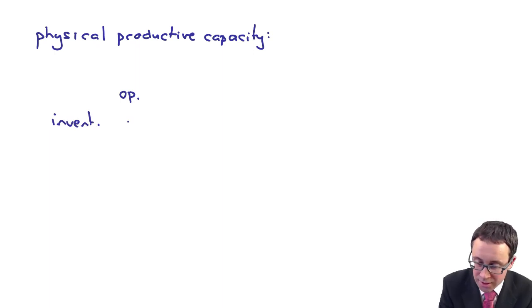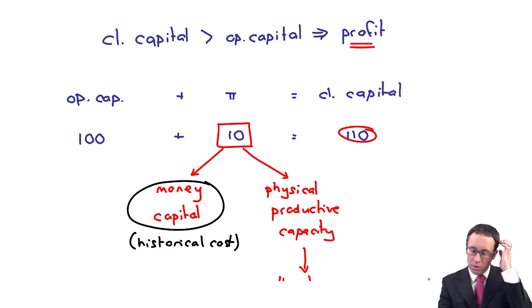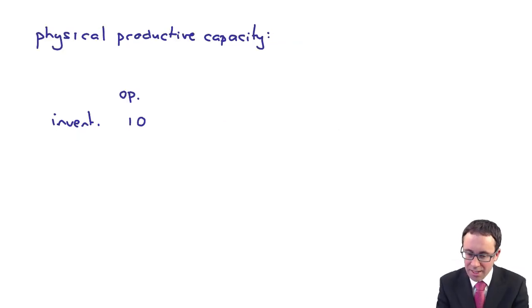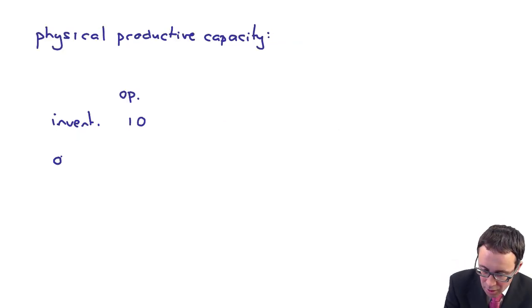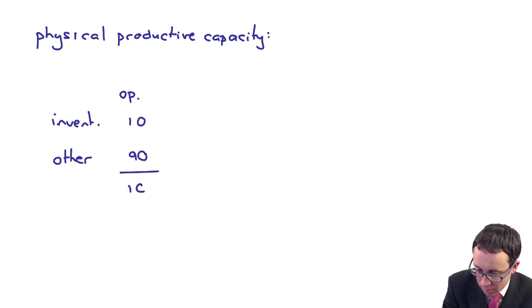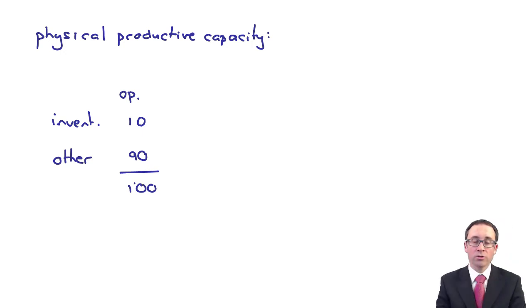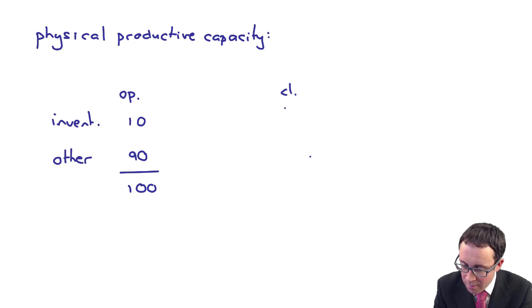So our inventory is, say, 10. So using the numbers that we had from our previous example, opening at 100, closing at 110. So if that's the case, opening inventory is 100. The other must therefore be 90. That gives me my opening capital as 100, isn't it? Okay. Let's just go through that and say that my closing is 20.